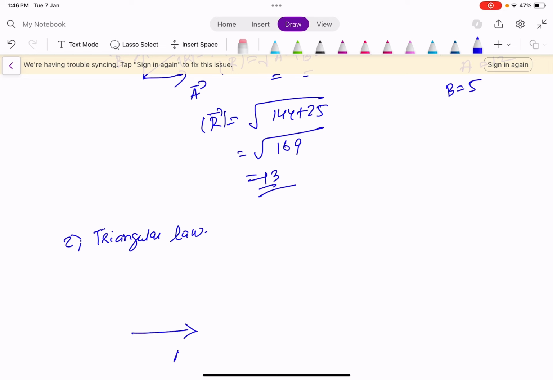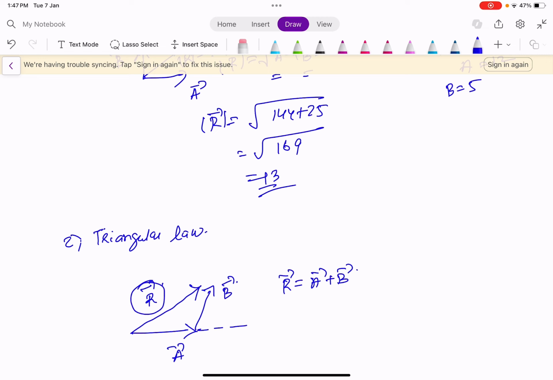Triangular law means if A is a vector, and to the head of this vector the tail of another vector is joined, then the resultant will be A plus B. So the head of one vector and the tail of the other are joined, and if you connect from the tail of A to the head of B, that will be the resultant.